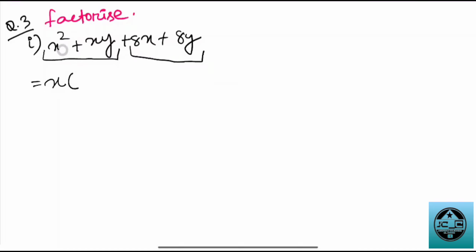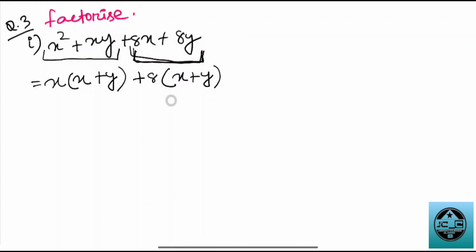If you take x out, what remains is x plus y. And from the other two, we can take 8 common. If you take 8 out, what remains is x plus y, right? So now you can see there were 4 terms, and now they have been reduced to 2 terms.